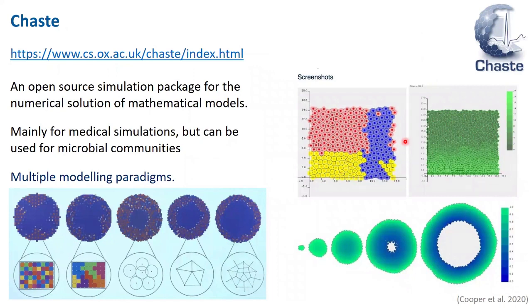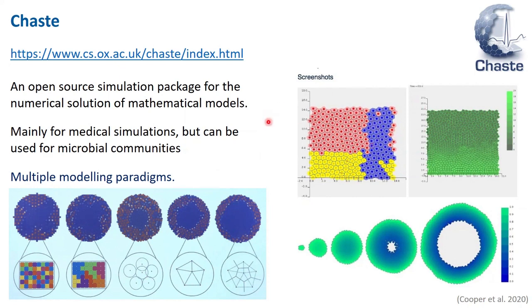The next package is this one, which has a special characteristic that I showed you before: it not only includes this type of cellular automata with the rectangular shape of habitats or grids, but you can also use different overlapping circles, or the tessellation, or the Voronoi type of modeling for cells. So you can see here some of the simulation results.